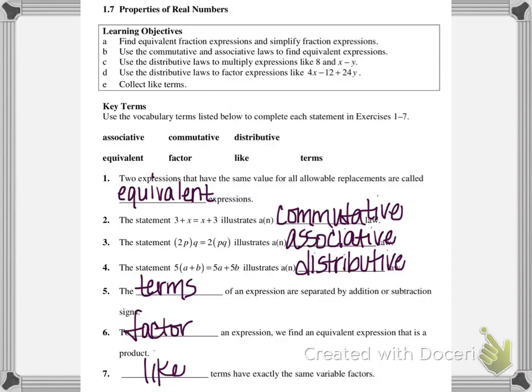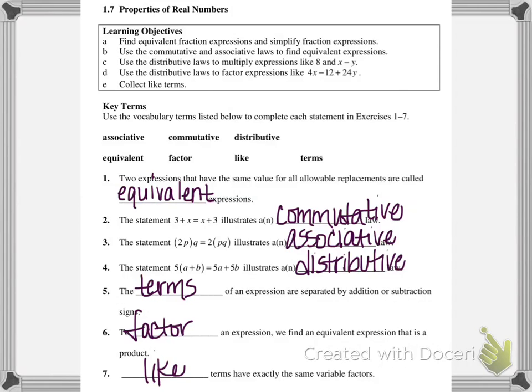Number 4, the statement 5 times the quantity a plus b is the same thing as 5a plus 5b. That illustrates the distributive law. You may notice that the number 5 was distributed to everything in the parentheses.